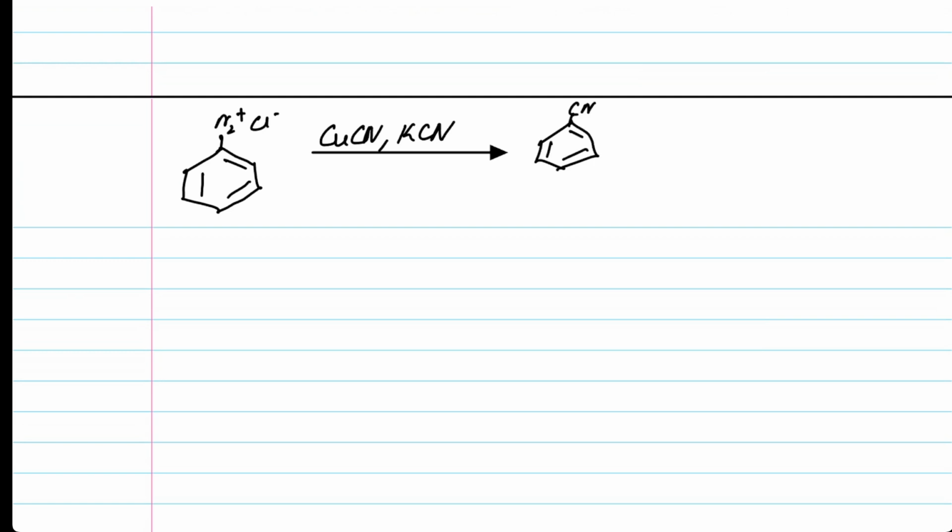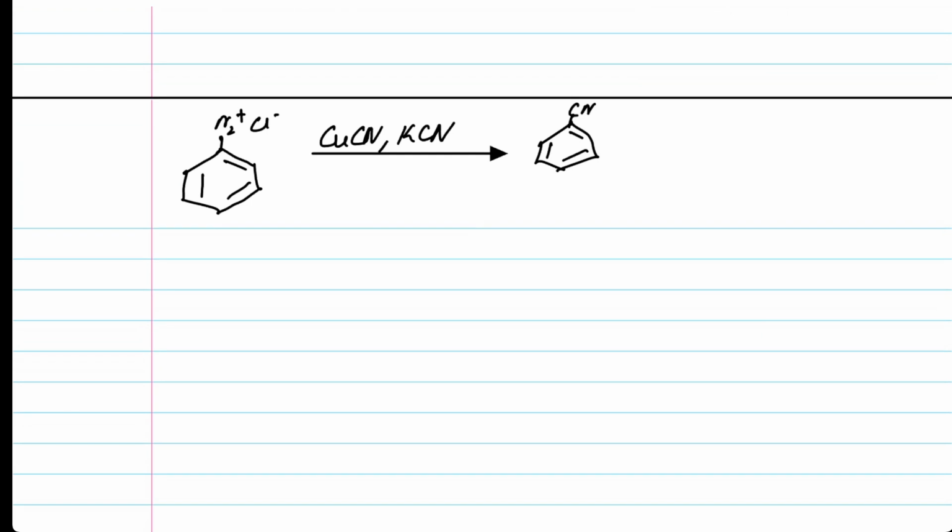Now you might be surprised that when I'm talking about haloarenes preparation, why I'm talking about the benzonitrile or cyanobenzene preparation. The answer to that is that cyanide is considered a pseudohalide. So in many places the cyanide is able to react and behave as a halogen or halide ion. So here we have it.